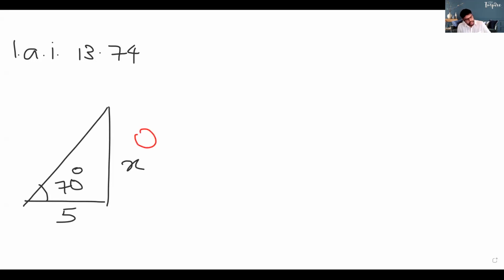This was the opposite, this was the adjacent, and this was the hypotenuse. In this case, we are working with the opposite and the adjacent. The opposite is x and the adjacent is 5. So we use the tan ratio, which is tan theta equals opposite over adjacent.